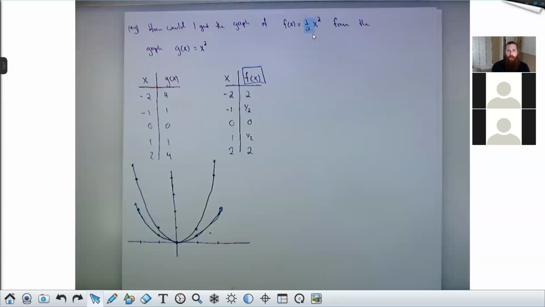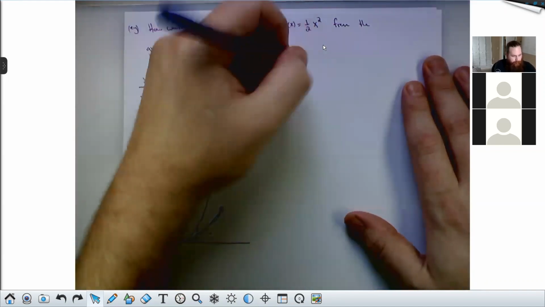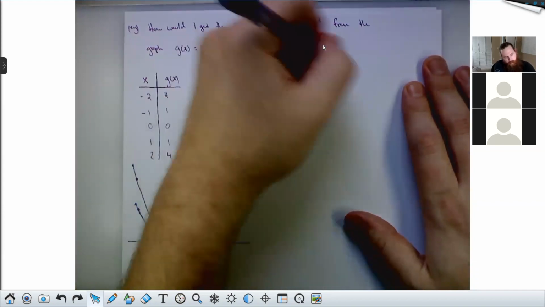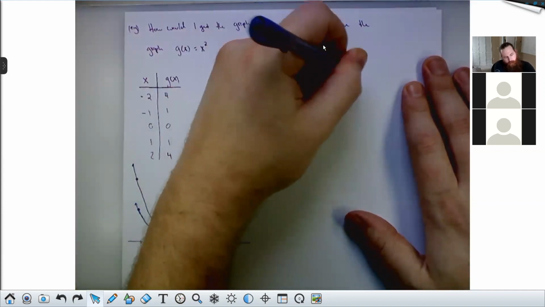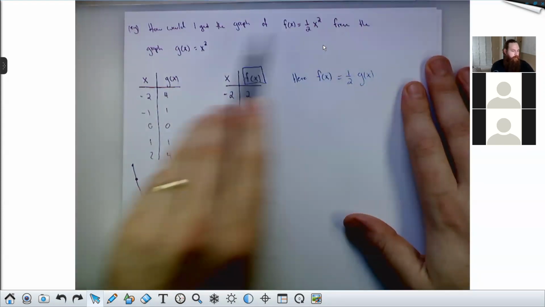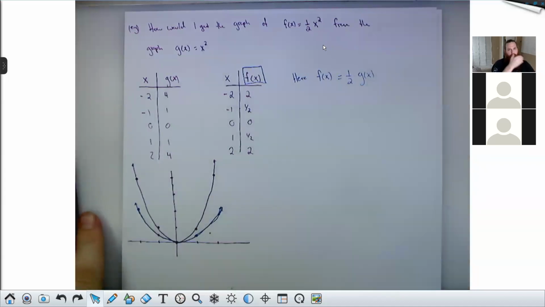In other words, we've multiplied all the y values by 1/2. Take all these y values and multiply them by 1/2 to get these y values. Well, of course, because f of x is 1/2 times g of x, 1/2 x squared and x squared.